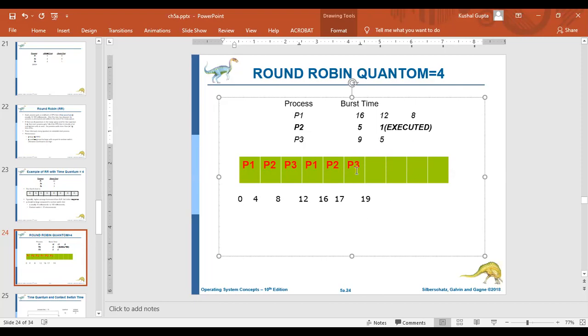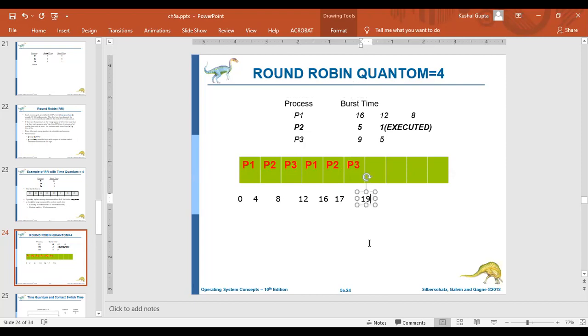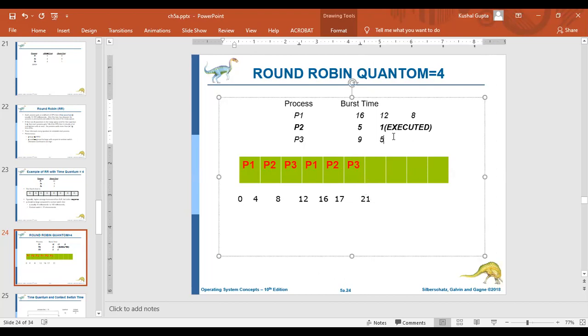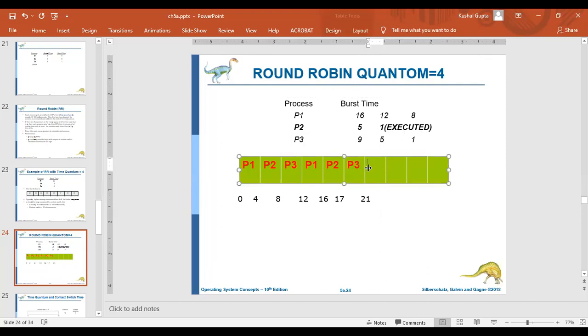Then the next step, when P3 will be running, 17 to 21 it will run. And again it will be requiring 1 unit of time because already 8 units of time has completed for P3. 4 here, and 4 units of time here. Now 1 is required now. So again, after P3, it cannot run more than the allotted time, that is a quantum one.